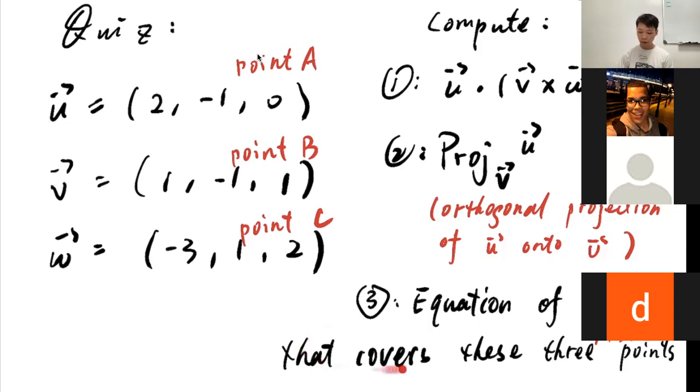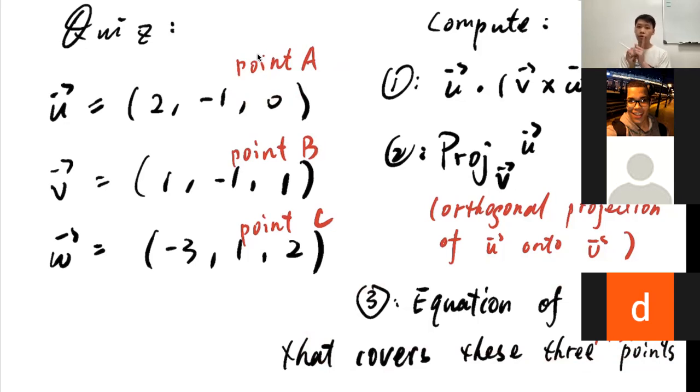So for number 3, remember, if you have 3 points, you can construct 2 vectors that start at the same point. For example, if you want to start at point A, you can have vector AB and vector AC.